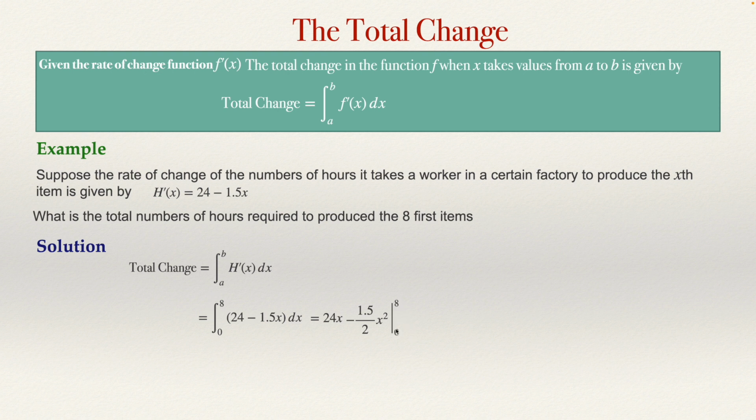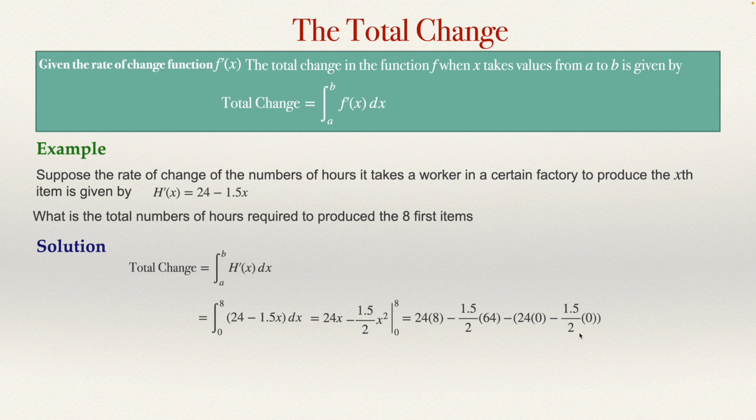This is evaluated from 0 to 8, so I evaluate it at 8 and then subtract the same function evaluated at 0. So it will be 24 multiplied by 8, minus 1.5 over 2 multiplied by 64, that is 8 squared, minus the same function evaluated at 0.